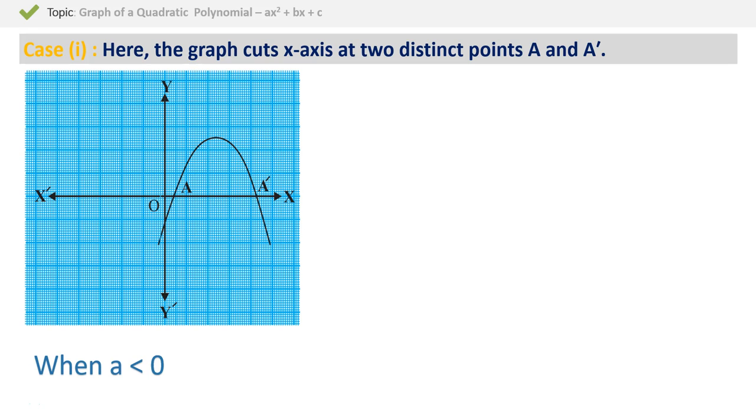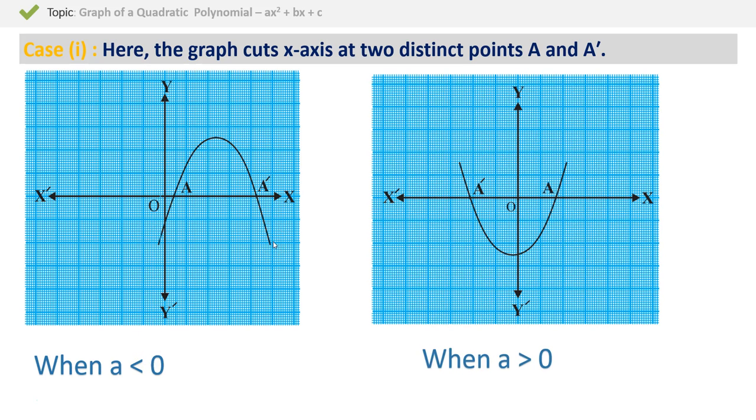So this is a situation when your a was negative and this is a downward parabola. However, if your a was positive, your parabola will be upward and it will intersect the x-axis at 2 different points. Will it always do so? That's not true. This is one situation where you have an upward or downward parabola which is really intersecting the x-axis.